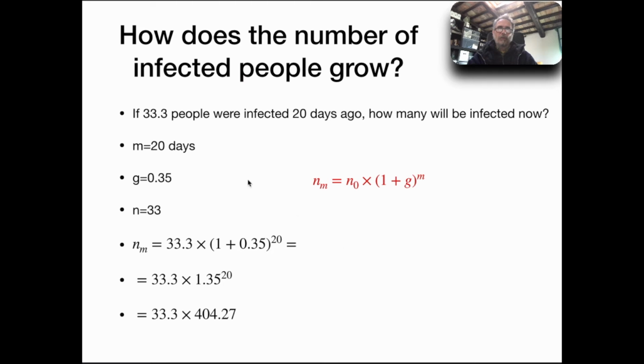So let us imagine that we have 33 people that were infected 20 days ago. Now after 20 days, what will happen? Those 33 people we need to multiply by 1 plus 0.35 elevated to 20, which is 1.35 elevated to 20, which is 404.